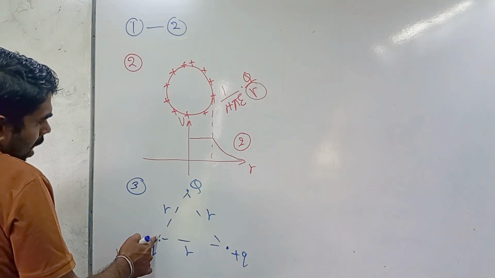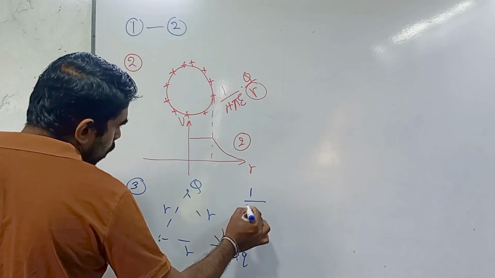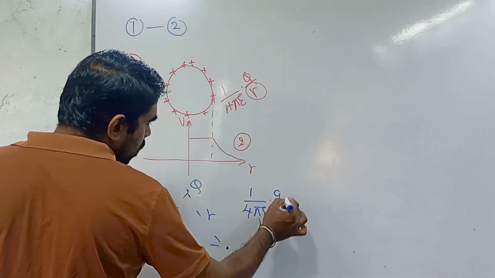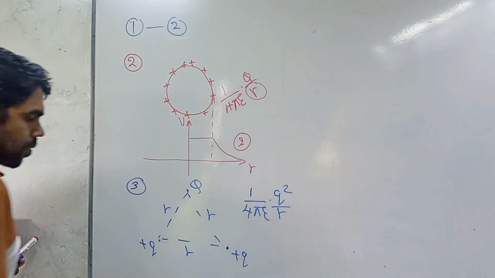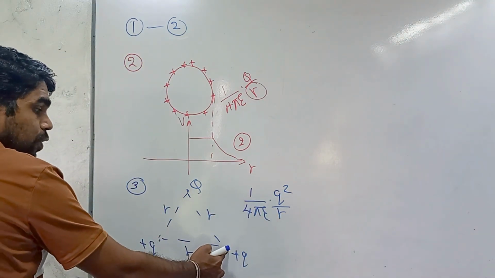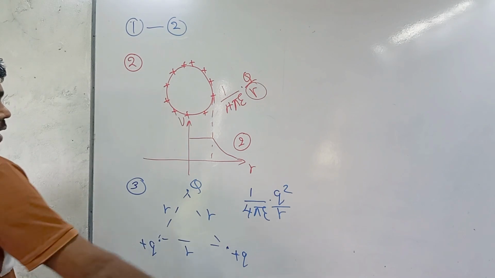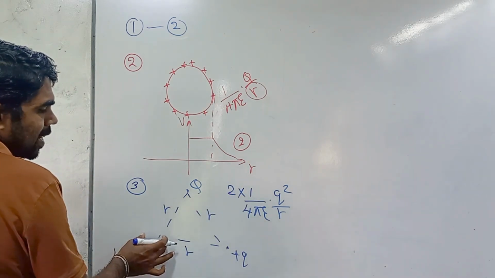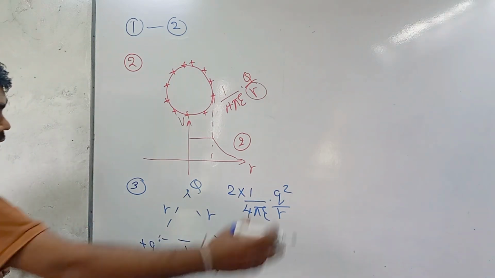Potential energy of this charge due to this one is 1/4 pi epsilon naught, q into q squared over r. And the potential energy of this one due to this charge is the same. Therefore, we can get the total potential energy of these two charges as 2 times this value.